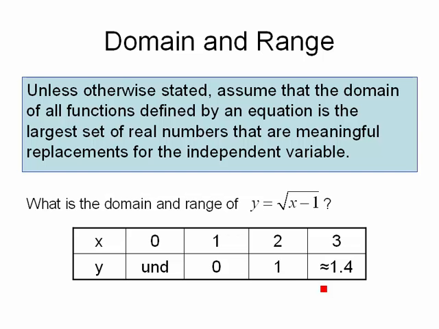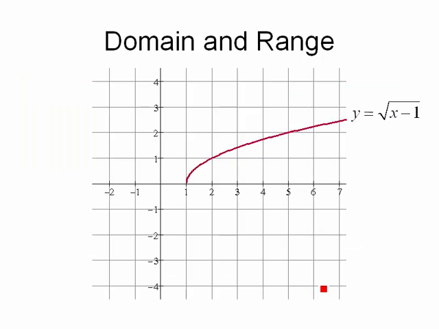What is the domain of y equals square root of x minus 1? Well, we've got kind of an idea of it, but to really get a good idea, let's take a look at the graph. So here is the graph of y equals square root of x minus 1, and you'll notice that it starts at 1 and moves to the right.